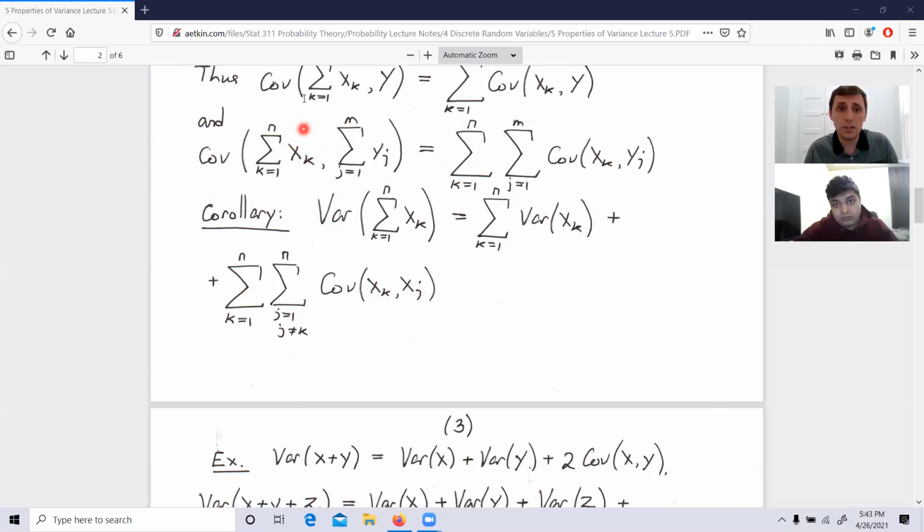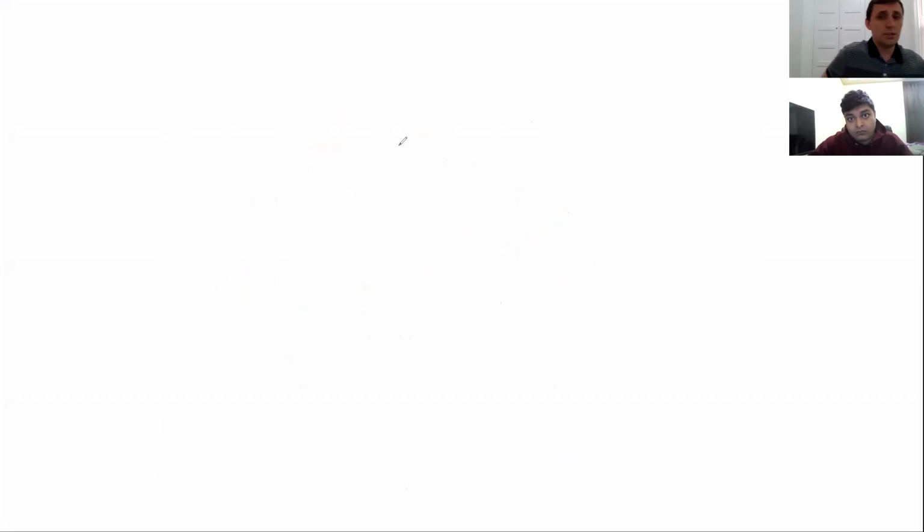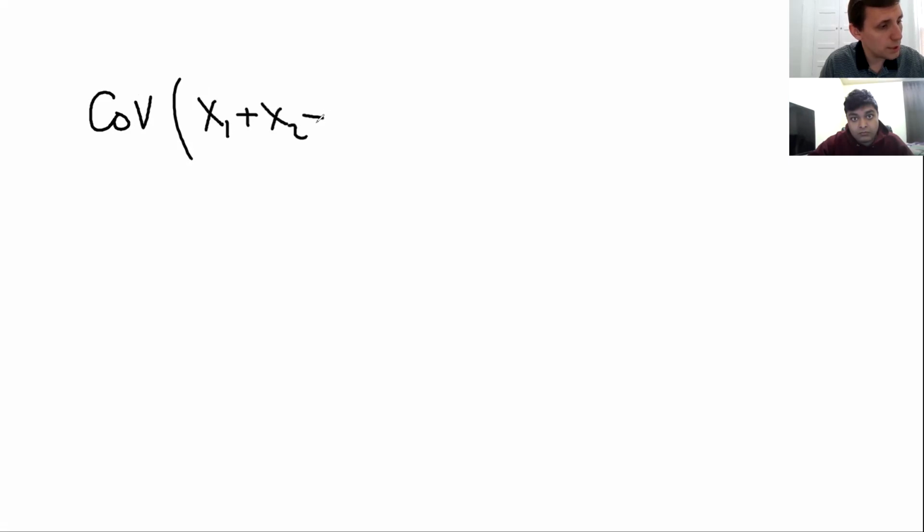So this summation is what? You can imagine, let me just show you with my drawings here. It's a heterogeneous summation where, for instance, if you have covariance of, let's say, x1 plus x2 plus x3, let's do it with 3. And let's draw the other one, x1 plus x2 plus x3.